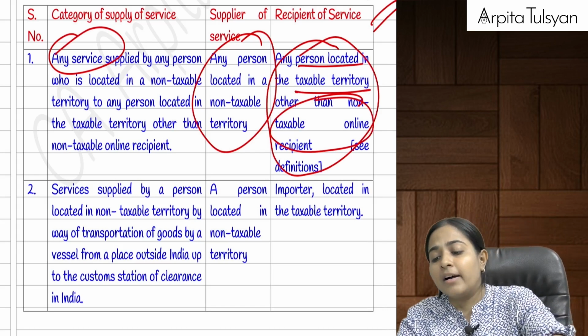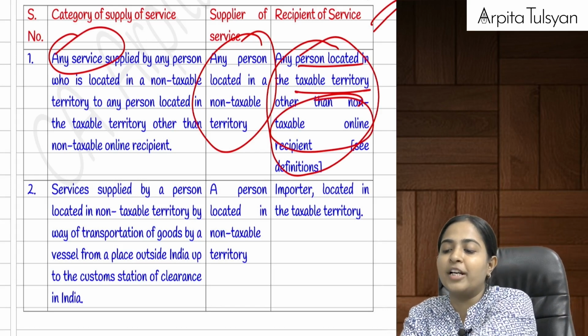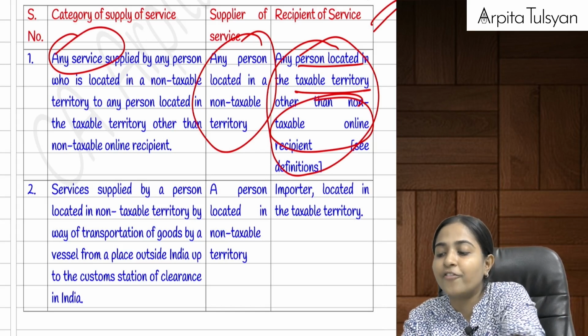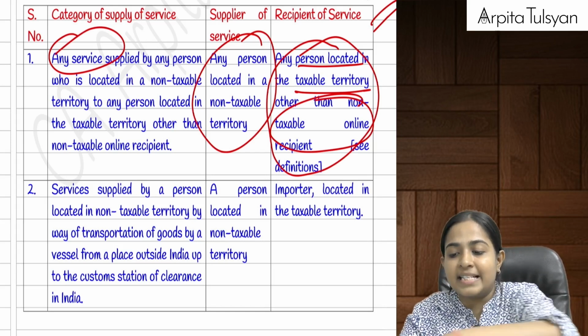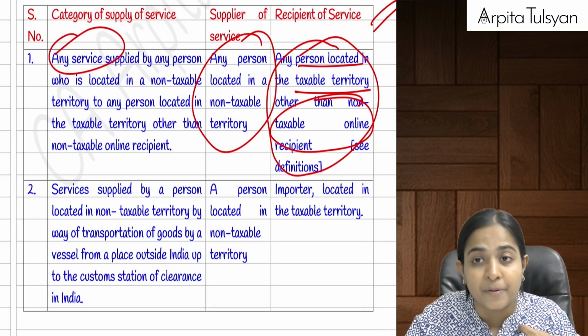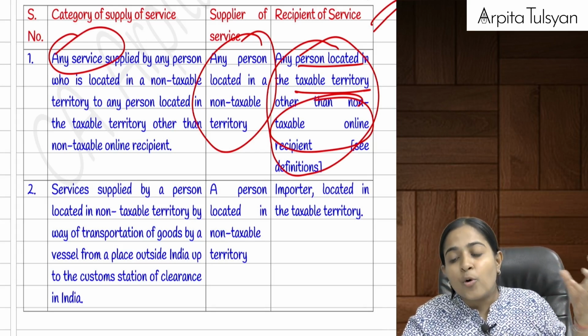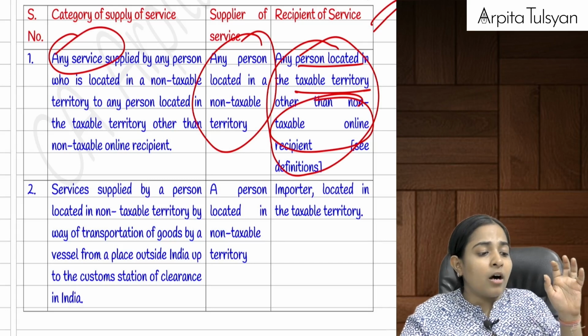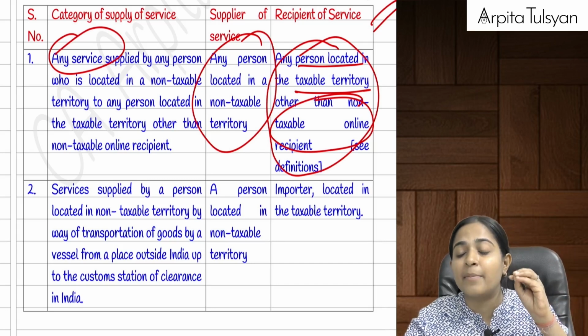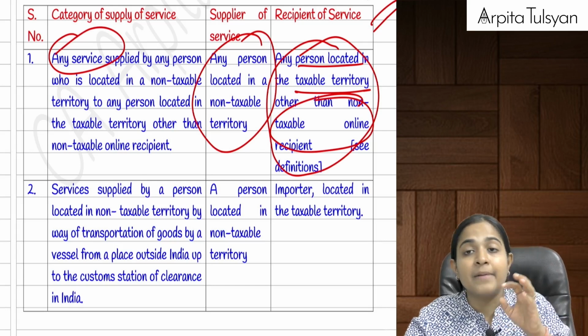Okay, in the beginning of this particular chapter, they have given us the meaning of non-taxable online recipient. It is nothing but an unregistered person who is receiving some OIDR services, that is online information and database access or retrieval services.